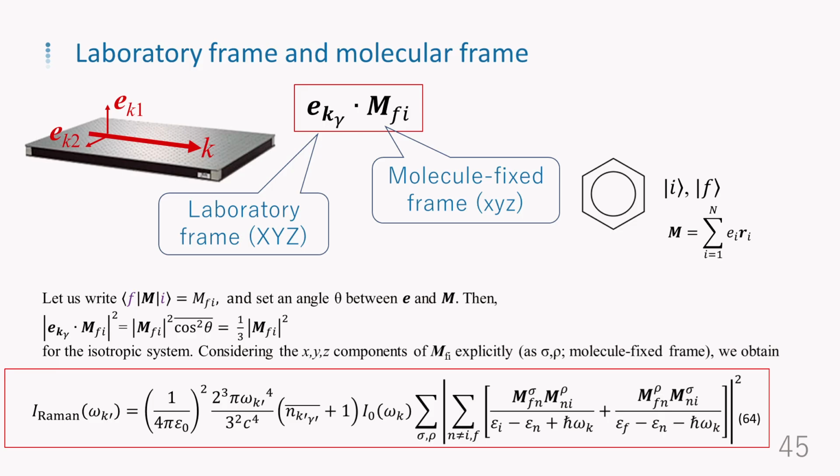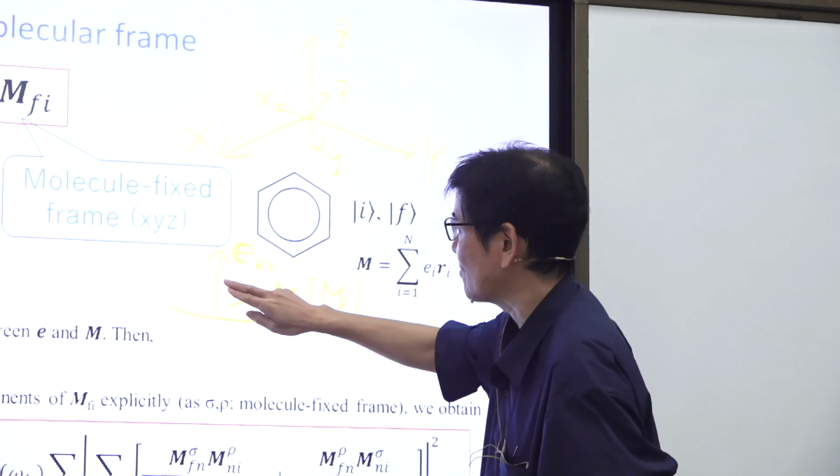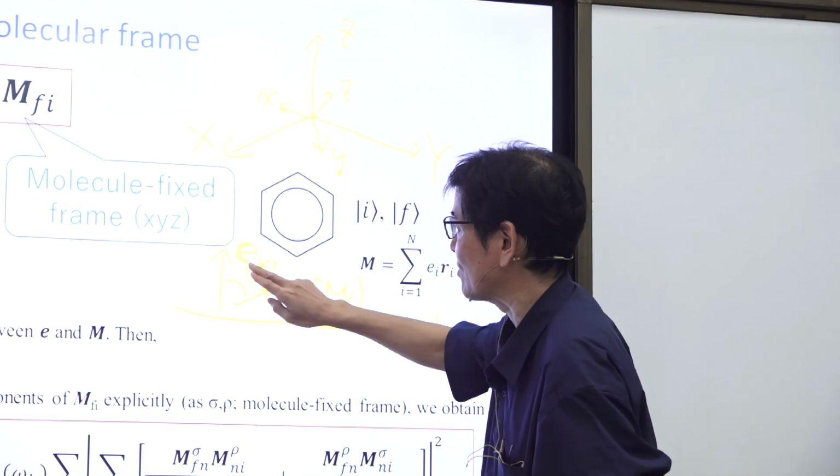So this is a non-polar molecule. Instead of benzene, you may consider acetonitrile or something, a polar molecule. Then, in this case, the dipole moment mu, or in this case, the transition moment mu m. This is a vector quantity, and always we can define the angle theta between two vectors.